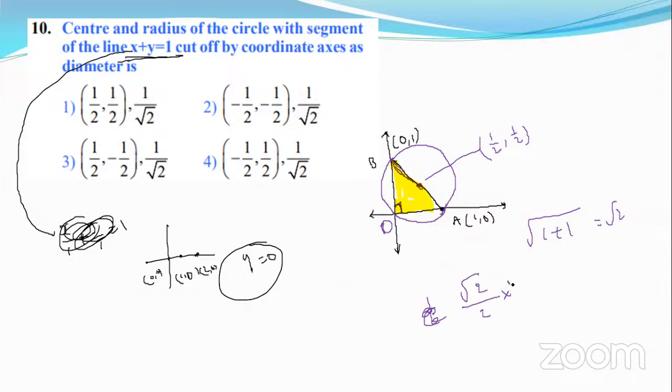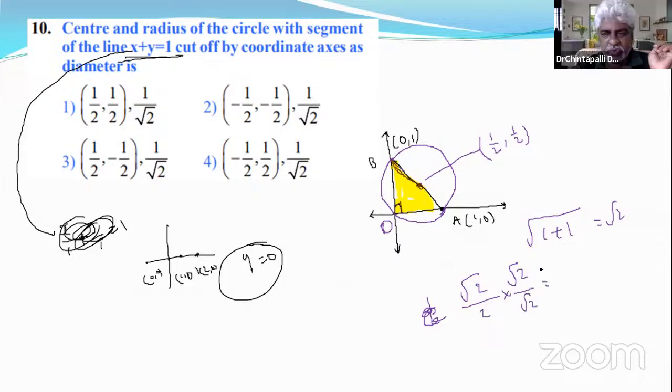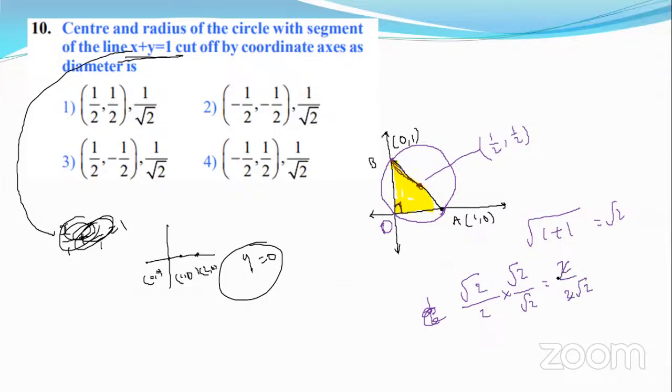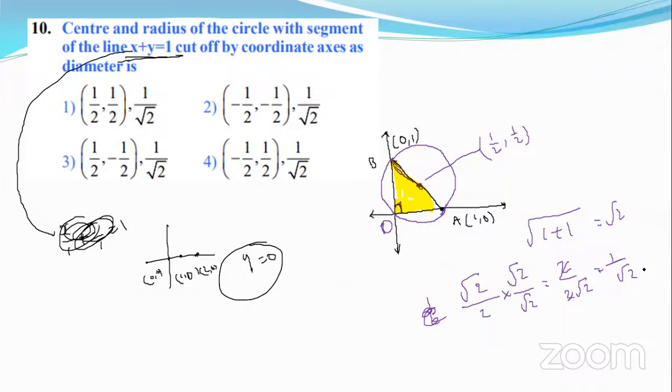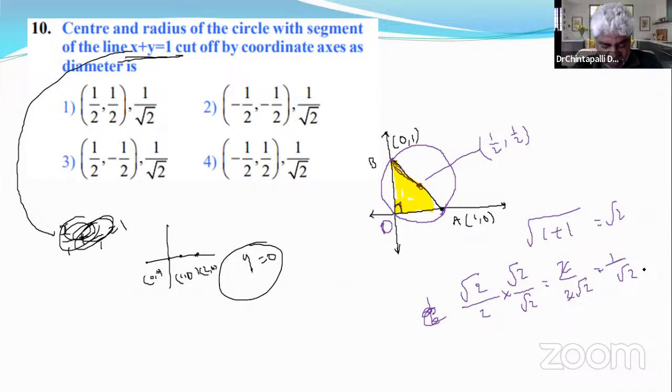Multiply the numerator and denominator by root 2. Root 2 times root 2 is 2, so 2 by 2 root 2. So 1 by root 2 is the radius and the center is half, comma, half.